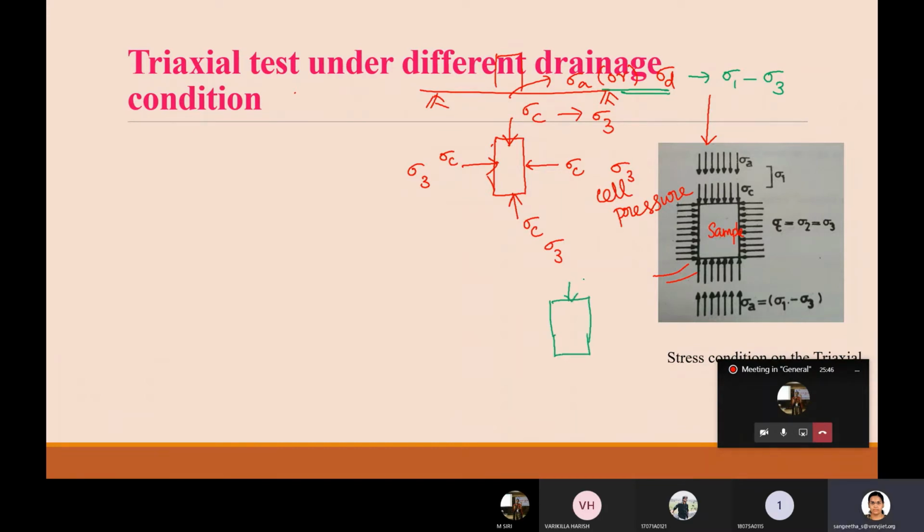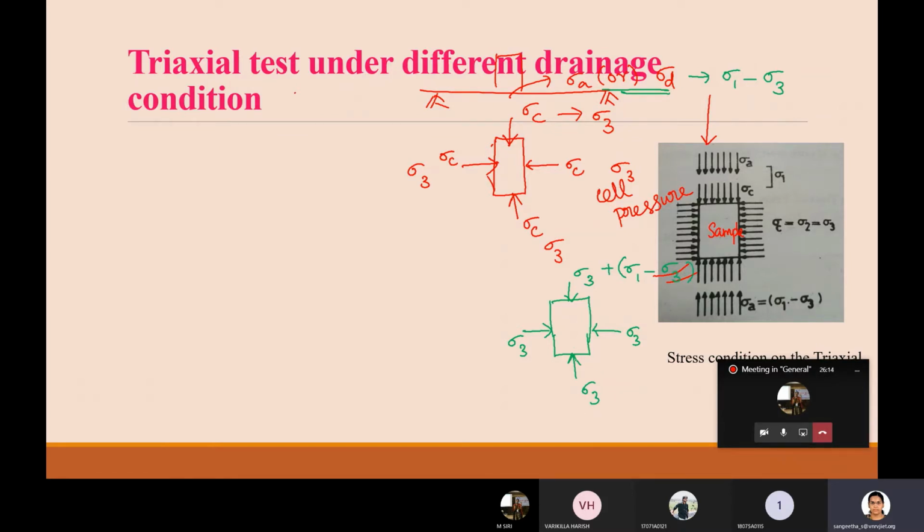First sigma 3 is acting everywhere as the cell pressure acts. So this is your sigma 3. Along with this sigma 3, you have now additionally added the deviator stress, sigma D, which is nothing but sigma 1 minus sigma 3. So this is applied in the vertical direction.